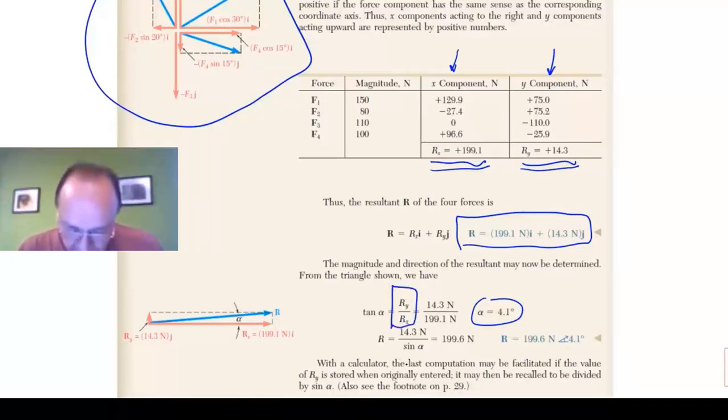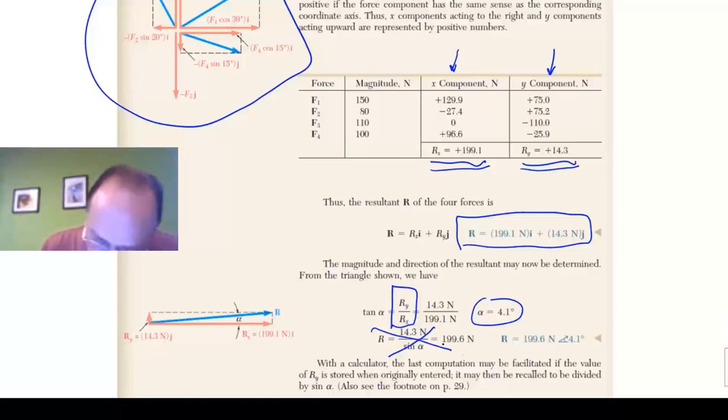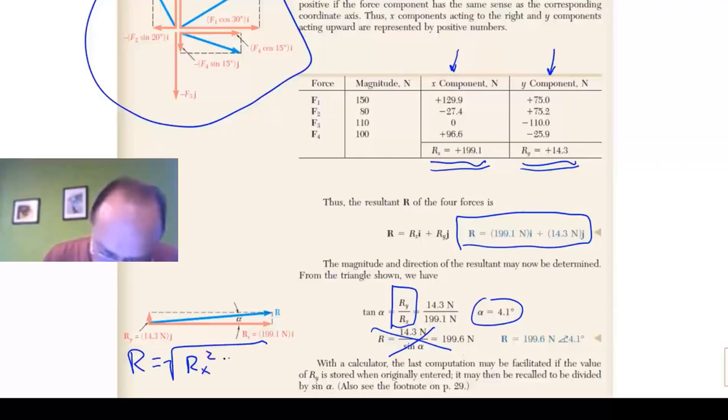And here, well, forget about this one. This is just silly. The best way to find the resultant here, I wouldn't do it like this. I would do the magnitude of the resultant as the square root of Rx squared plus Ry squared.